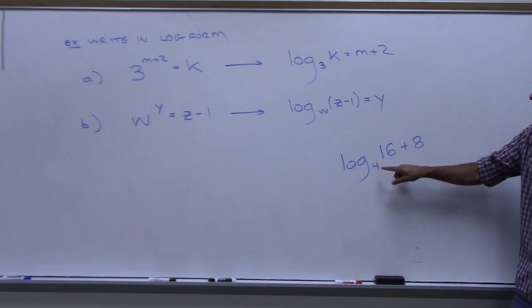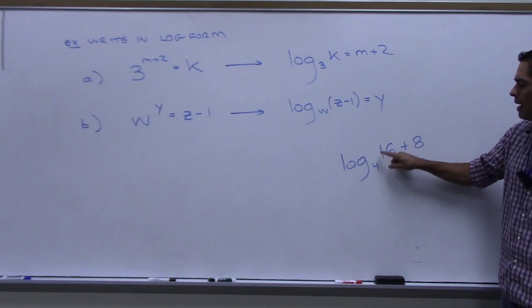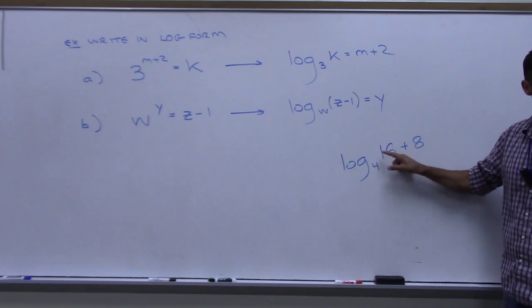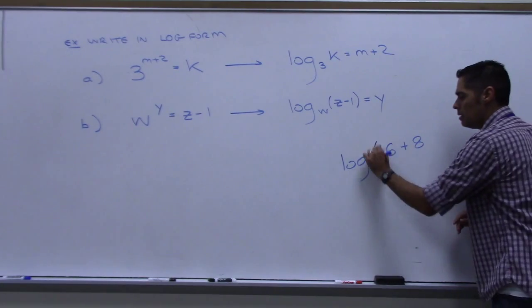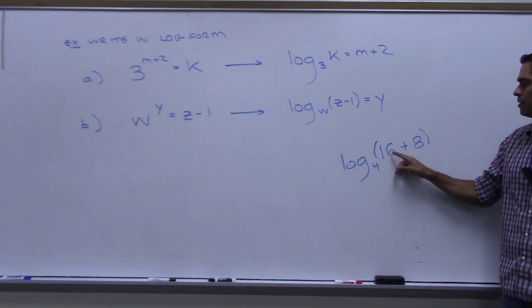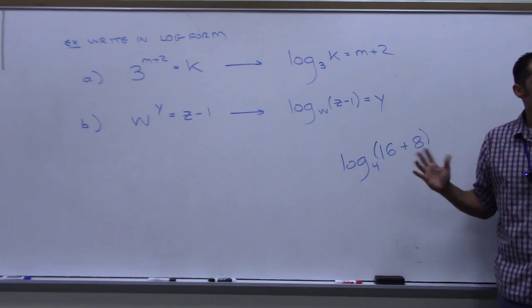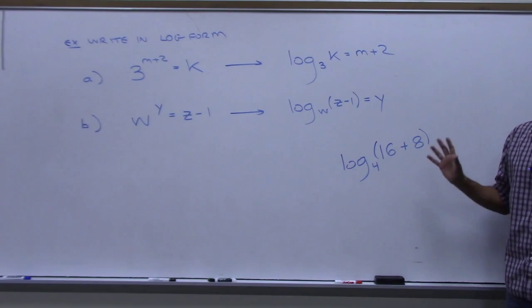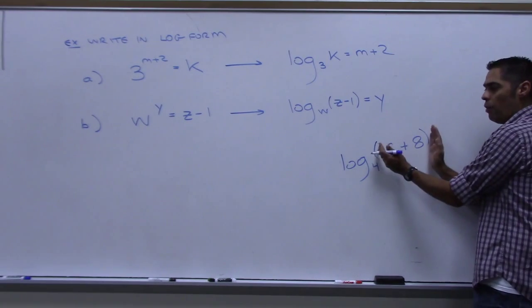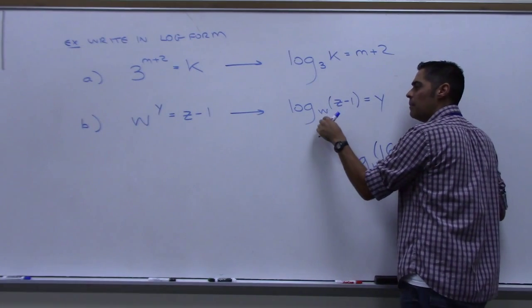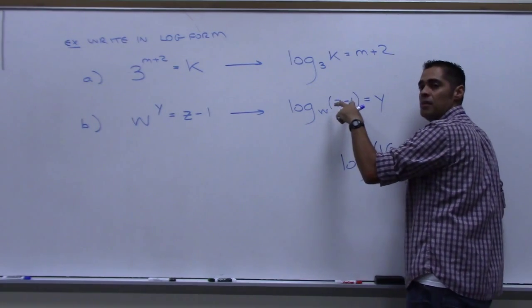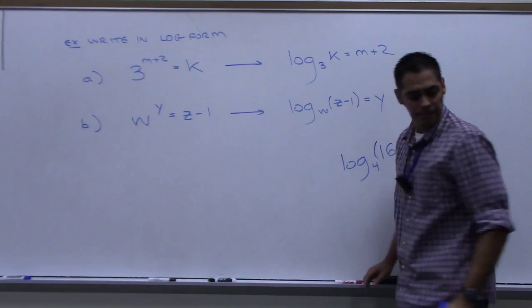Do I mean 4 to what power is 16? 2, do I mean 2 plus 8? Or do I mean 4 to what power is what? 24. Which one do I mean? You see what I'm saying? So the parentheses are very important. The parentheses mean you're looking at the whole thing and saying 4 to what power is that? So same with this z minus 1. W to what power is the entire thing z minus 1? So put it in parentheses. Questions?